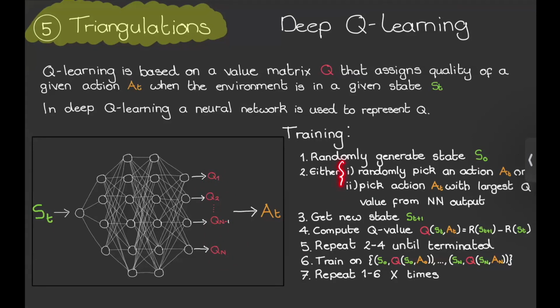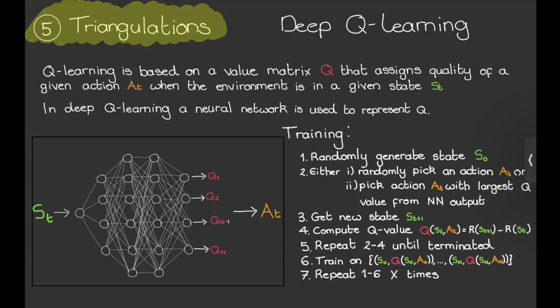This is what we call exploitation versus exploration, which is a big trade-off you have in reinforcement learning, which says, is it best to just go with what I know from previous examples, or do I explore a new part of the environment?